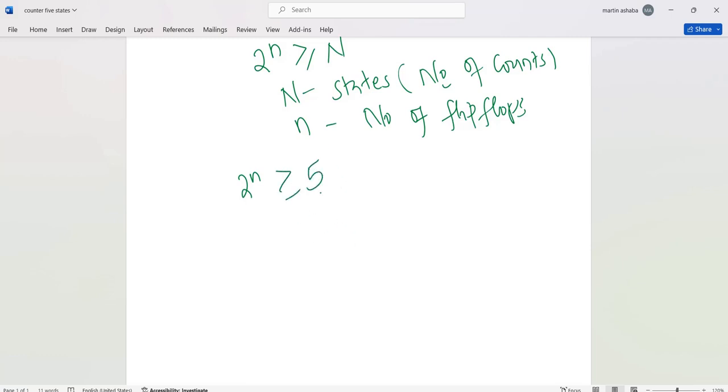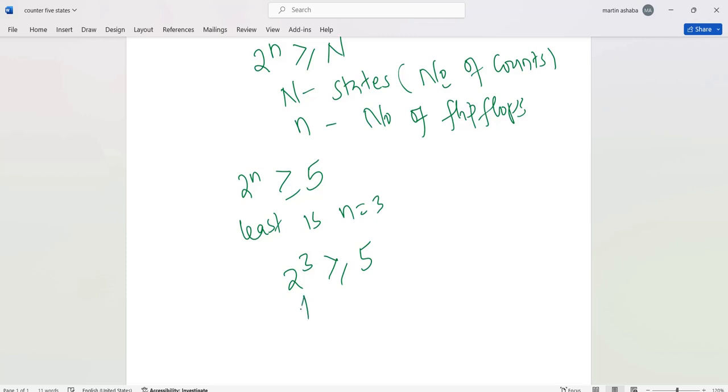So we are going to look at what can be the least value of n, the minimum value of n, that will give us a value equal to or greater than 5. The least we can get is n equal to 3, because 2 to the power 3 is greater than 5.